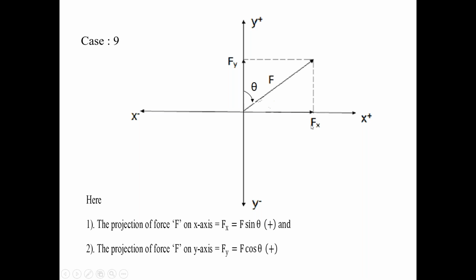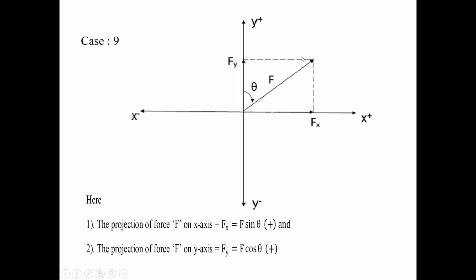Now, when the force F makes the angle theta with the y-axis, what is the equation for the x-axis projection Fx? Equation for the y-axis projection Fy. So follow this carefully. In the ninth condition, the force F makes the angle theta with the y-axis. Now, in this condition, with respect to this angle theta, Fy is the adjacent side.